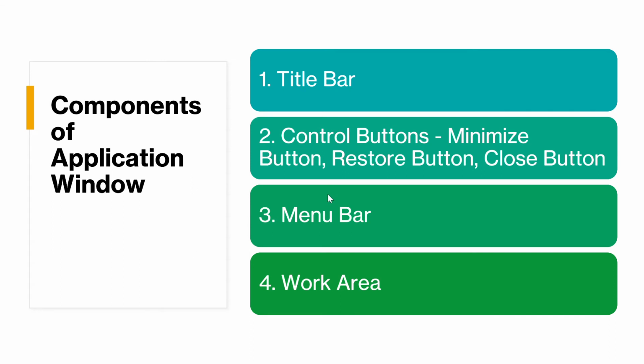Now, what are the components of an application window? These things are common, and the first thing is the title bar. The second is the control buttons, which contain the minimize button, restore button, close button. Third is the menu bar, and the fourth is the work area. Now let us discuss one by one.